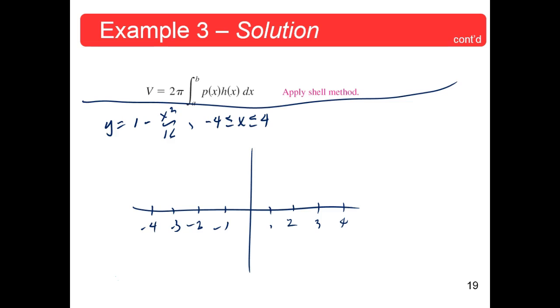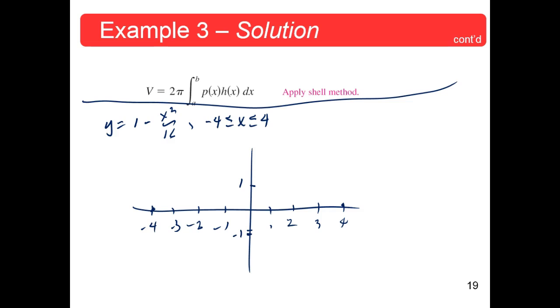So let's pick a few values to evaluate that. How about x equals 0? That's always an easy one. That goes up to 1. And we'll write a -1 down here, so we're only going to do the top half. Okay? When x is equal to 4, I think you see that's going to be 0 and 0.